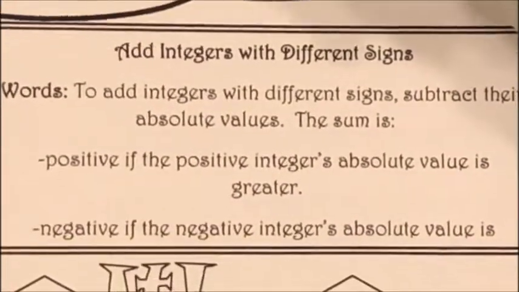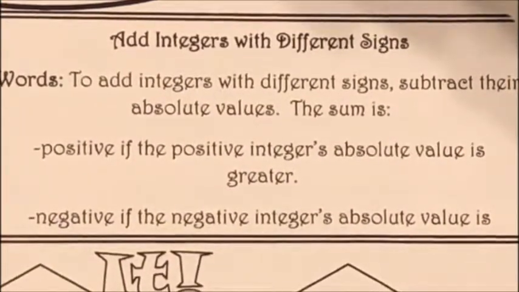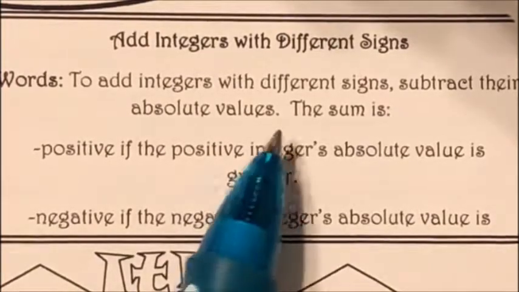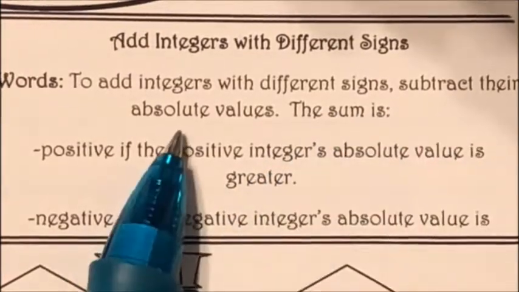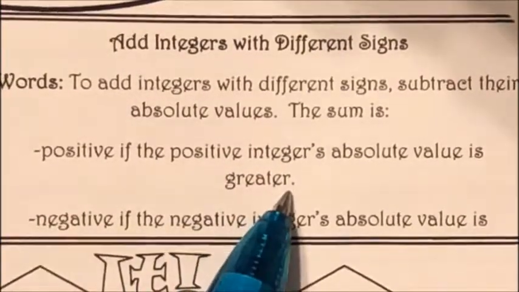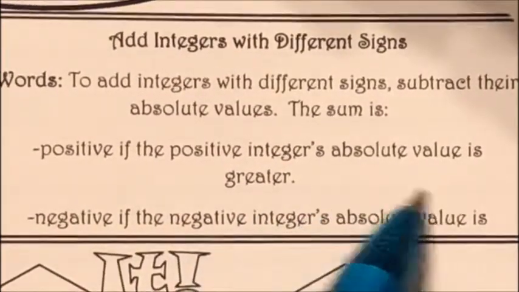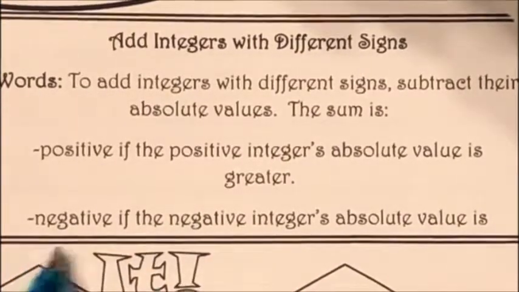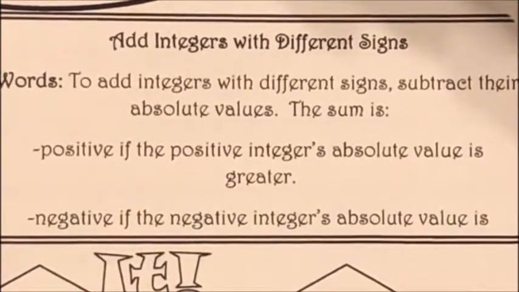The next one I have is adding integers with different signs. So to add integers with different signs, I subtract their absolute values. The sum is positive if the positive integer's absolute value is greater, and negative if the negative integer's absolute value is greater. Okay?